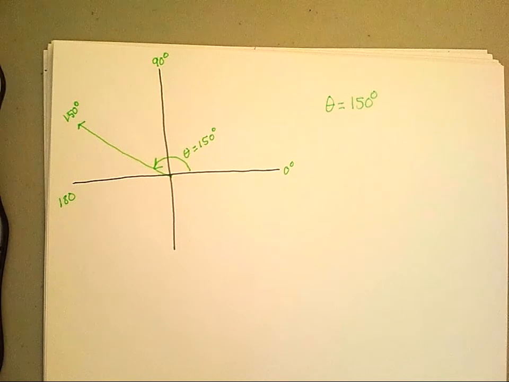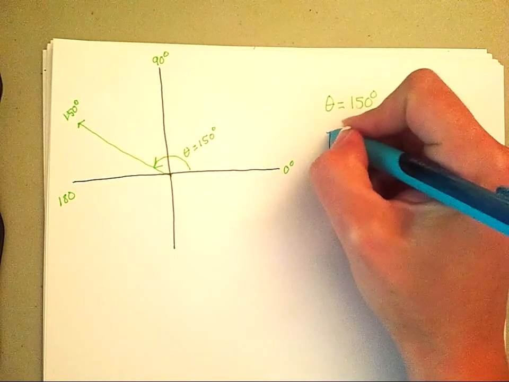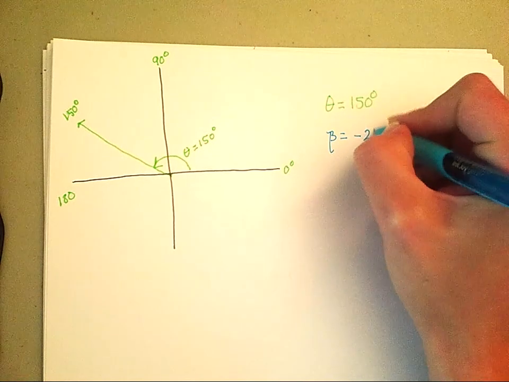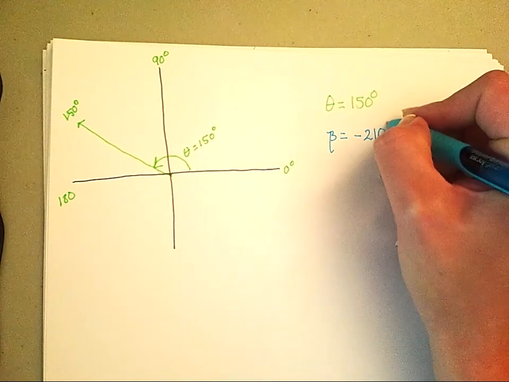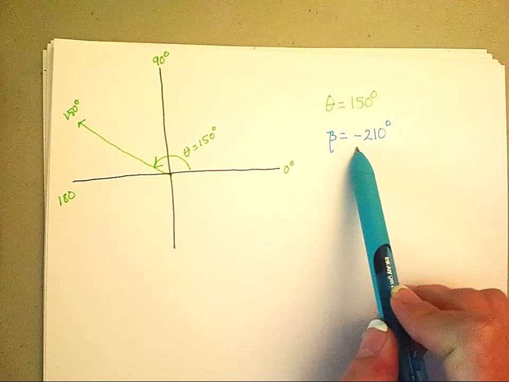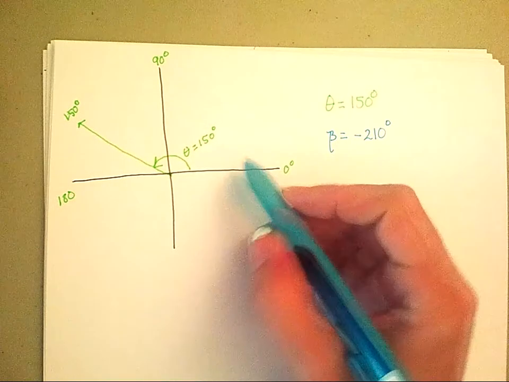Now, alternatively, I could look at something called beta, and I would want to look at beta being at negative 210 degrees. So things get a little more different here, because this is a negative rotation of an angle.